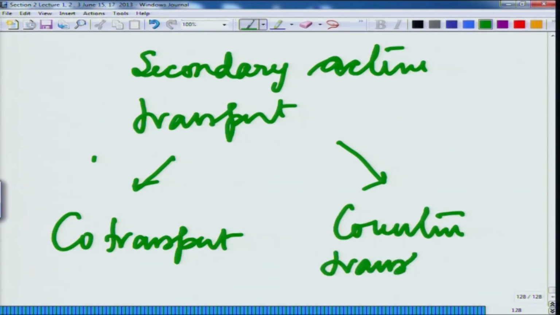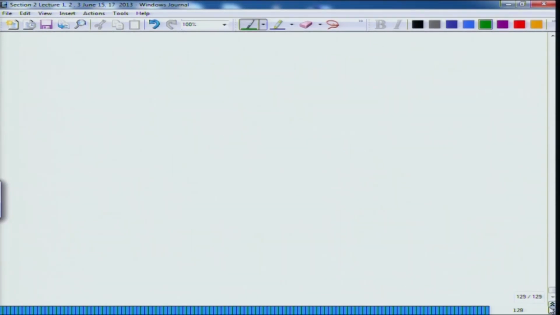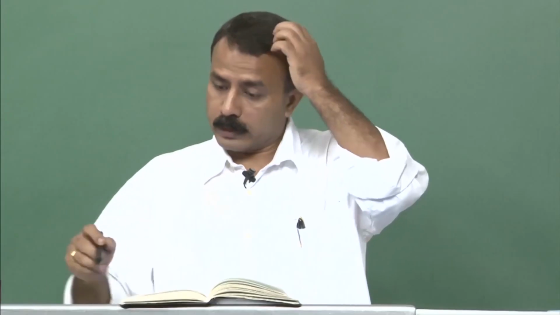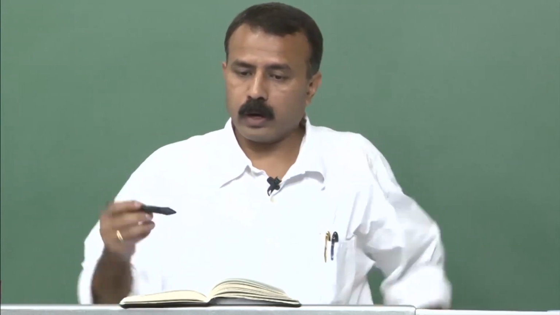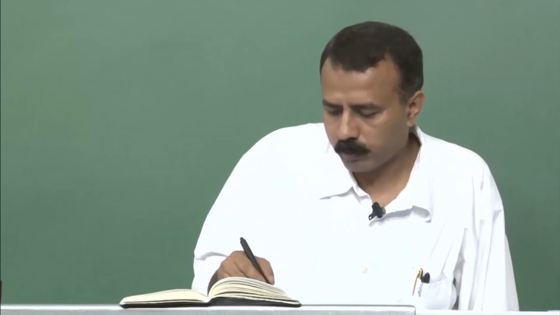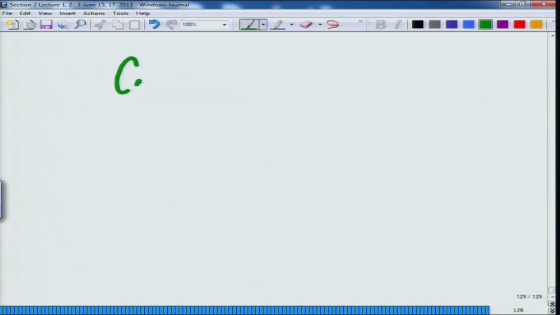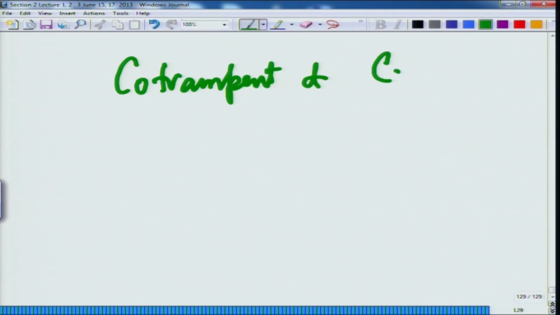As we move into the course, we will come across several situations of co-transport and counter transport. At this stage, I will just give you a brief idea about co-transport and counter transport.